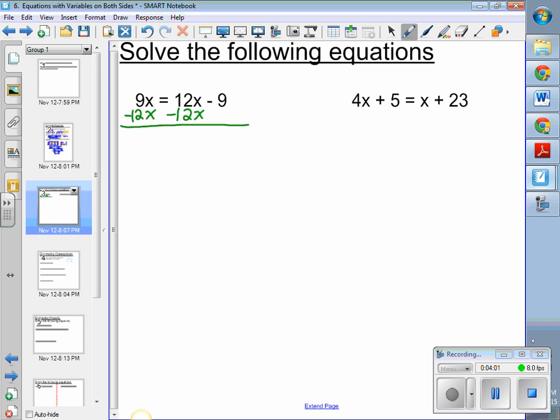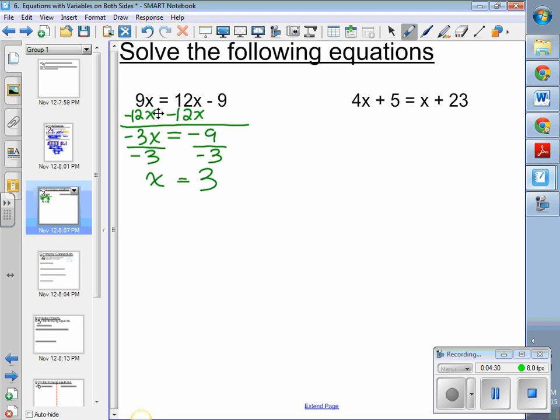All right. So that leaves me with negative 3x on this side and negative 9 over here. Okay? And then I divide both sides by negative 9. No, sorry. I'm used to being on that side. All right, divide both sides by negative 3. And I get that x is equal to 3.